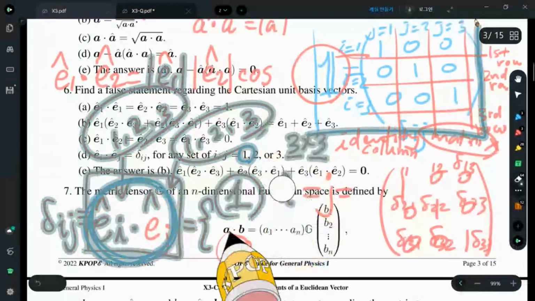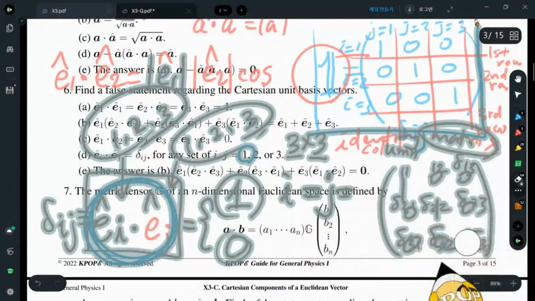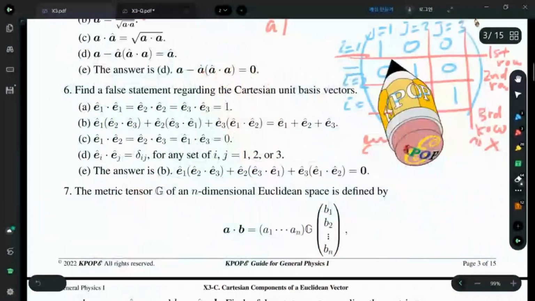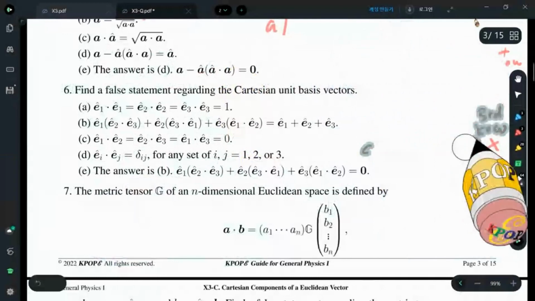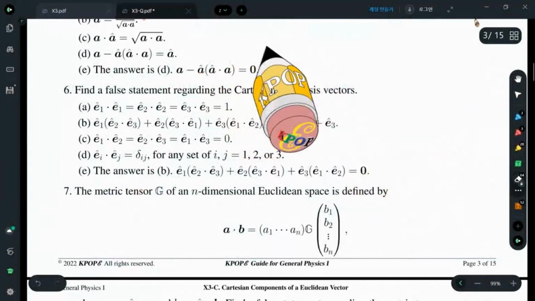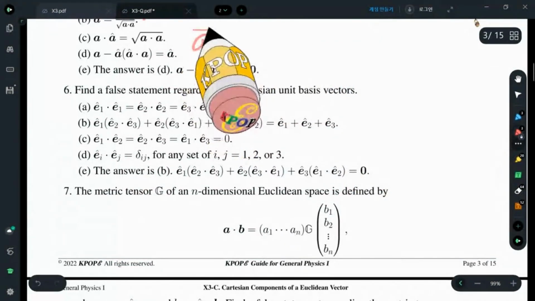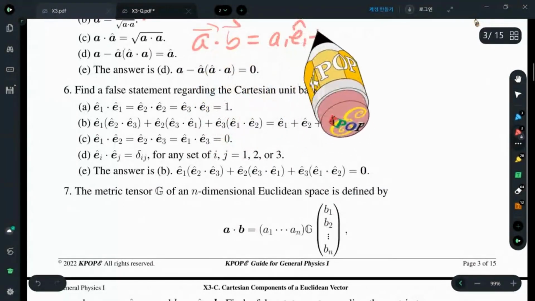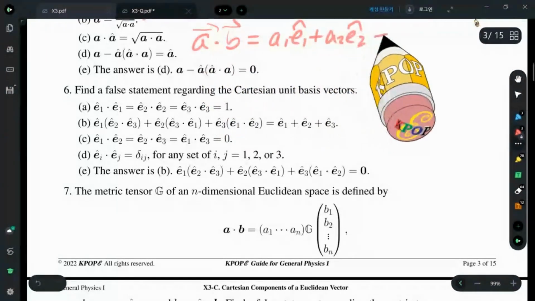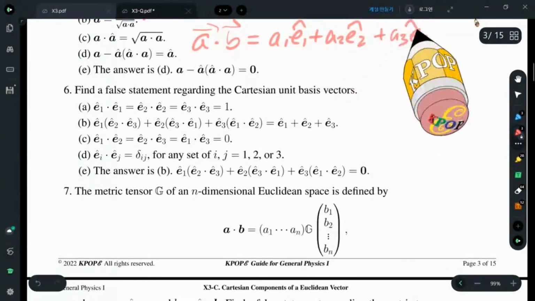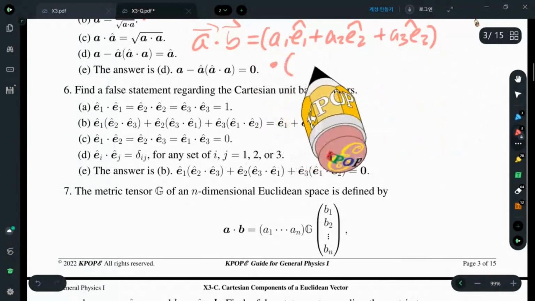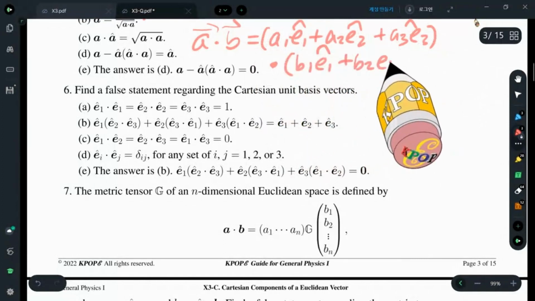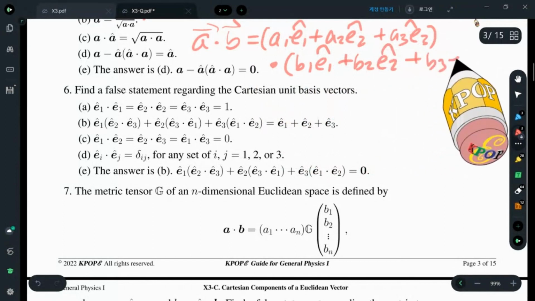Now, let us compute the scalar product of two vectors, A dot B. It is A1 e1 hat plus A2 e2 hat plus A3 e3 hat, dot B1 e1 hat plus B2 e2 hat plus B3 e3 hat.